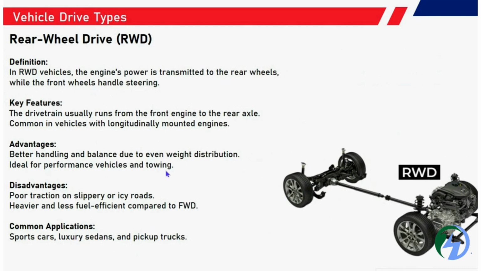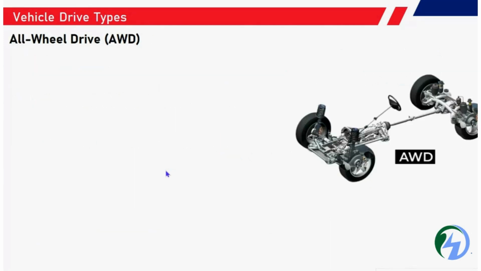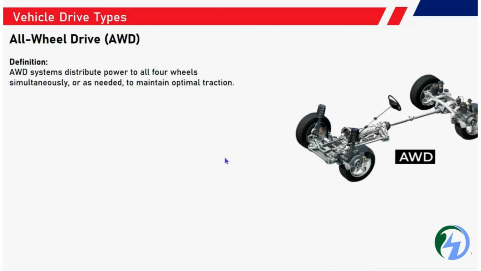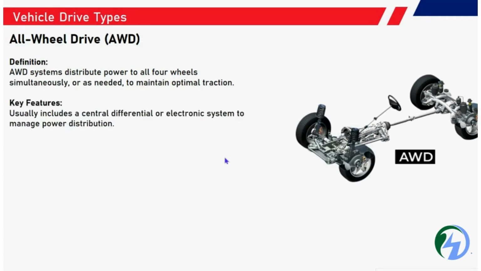Next is all wheel drive. Here the power is distributed to all four wheels as needed, which maintains optimal traction. Traction is the grip the vehicle maintains on the road, and the system usually includes a central differential and an electronic system to manage the power distribution.